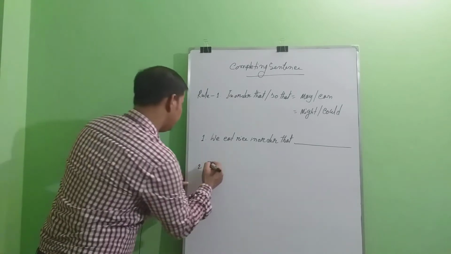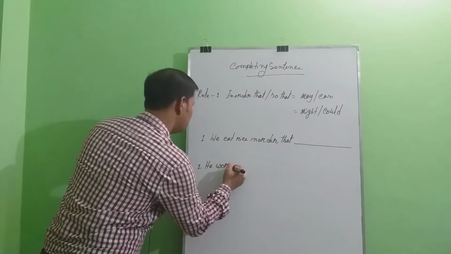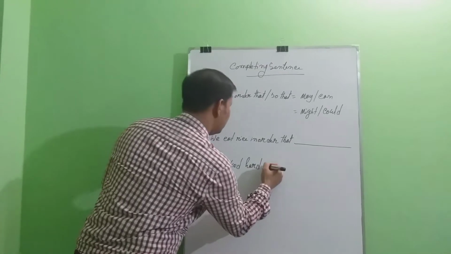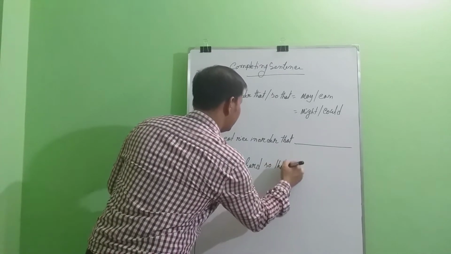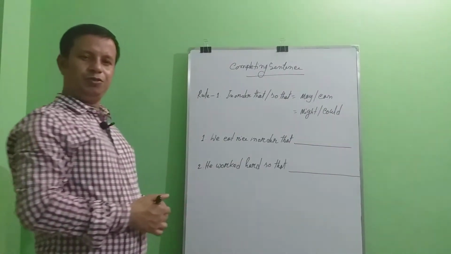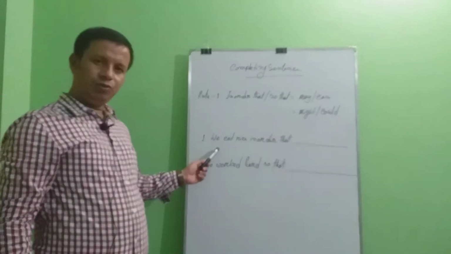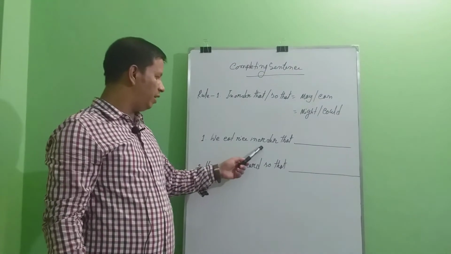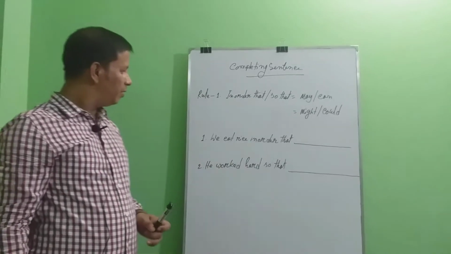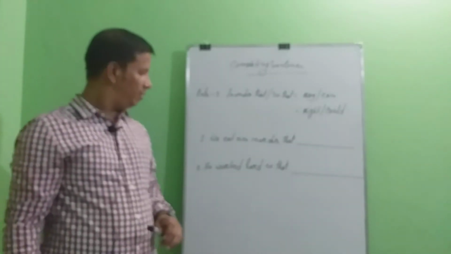Number 2, he worked hard so that dash. Students, as you can see, in these two sentences, two words, in order that and so that, this is actually the use of in order that and so that.